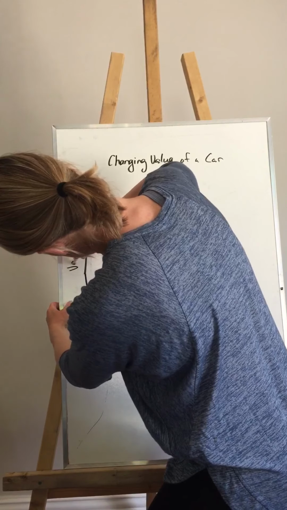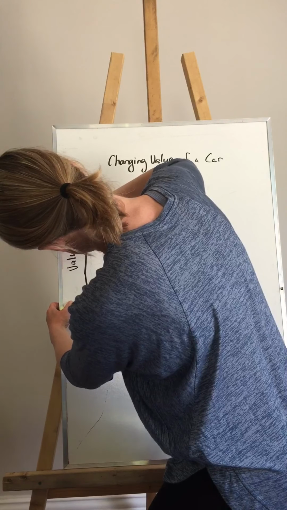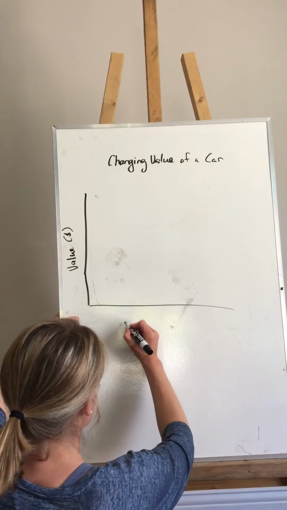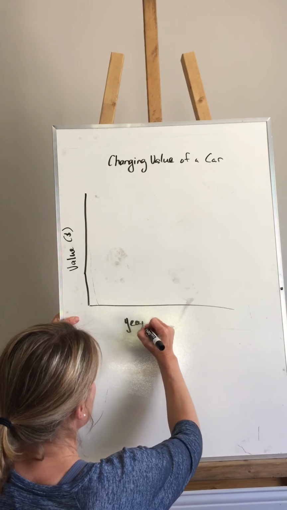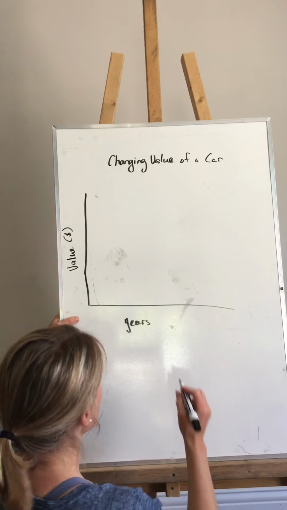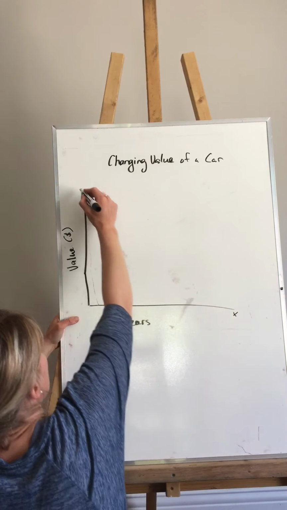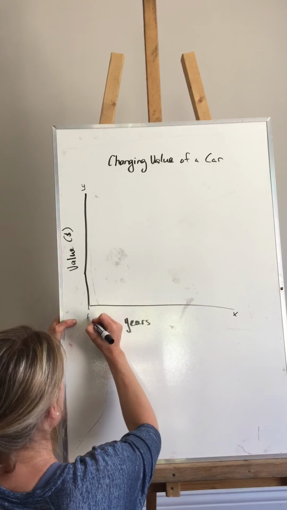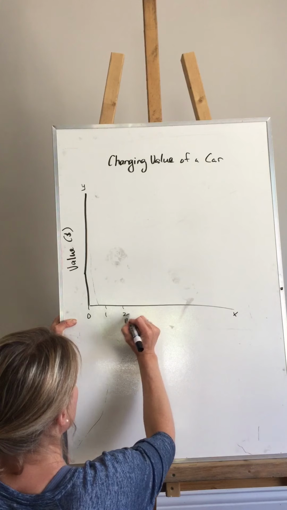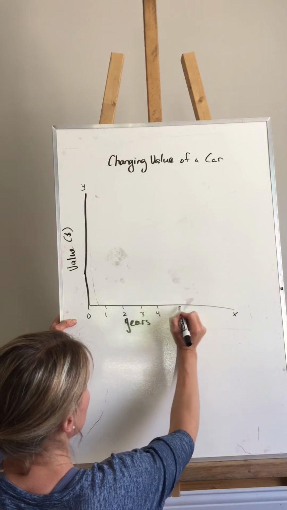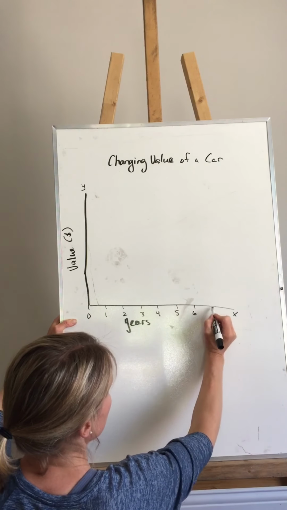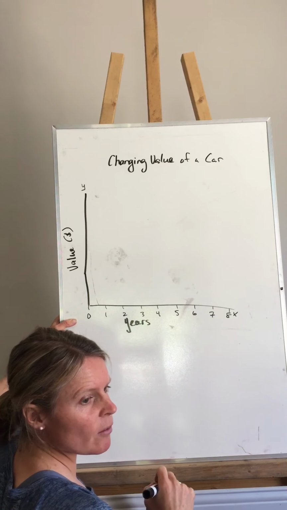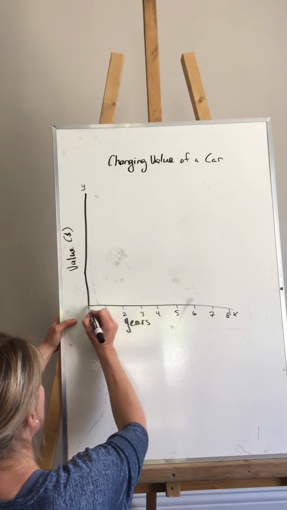So this is value in dollars, okay, and along the x-axis is years. So this is my x-axis and this is my y-axis. So the years is just going to go up by 1, so 0, 1, 2, 3, 4, 5, 6, 7, 8. And my value is going up by 5 thousand.